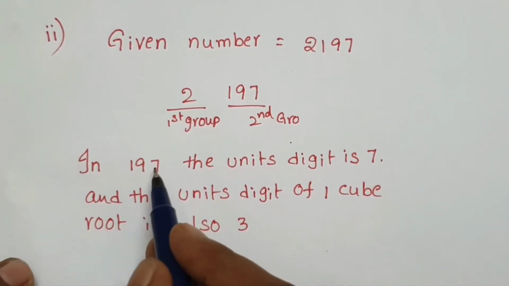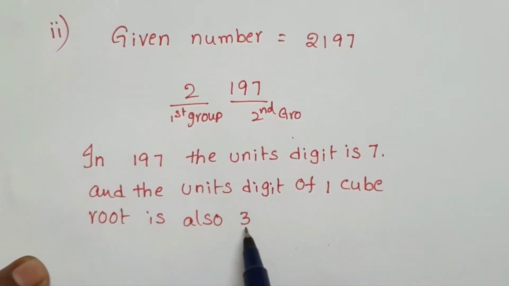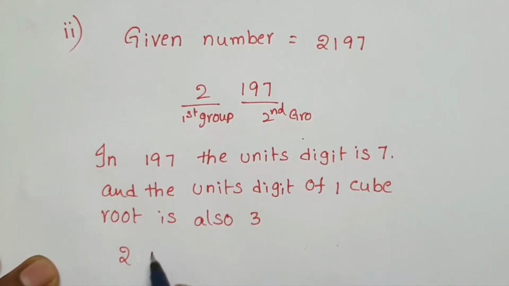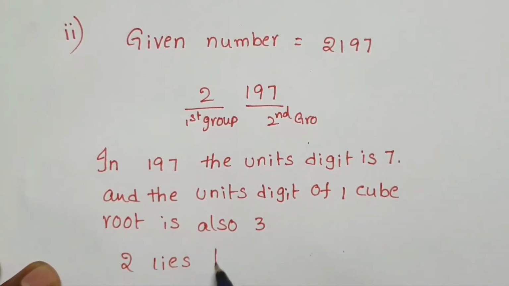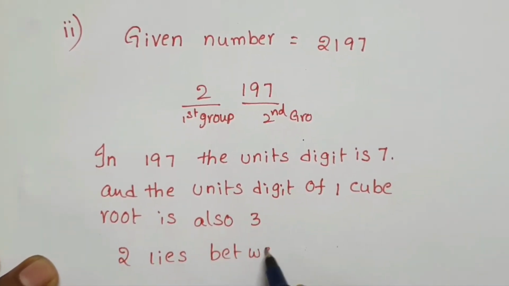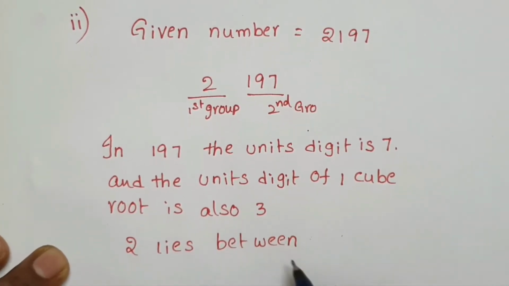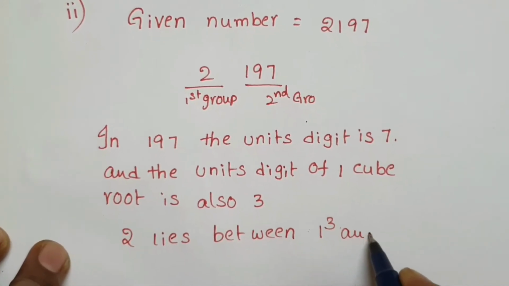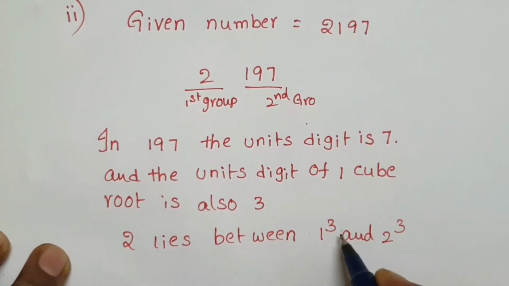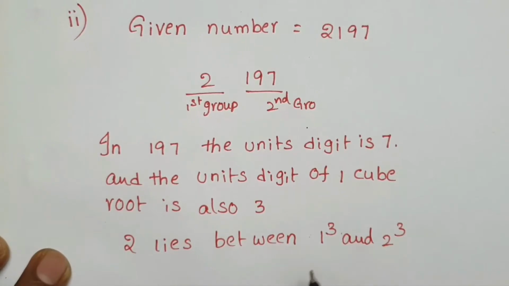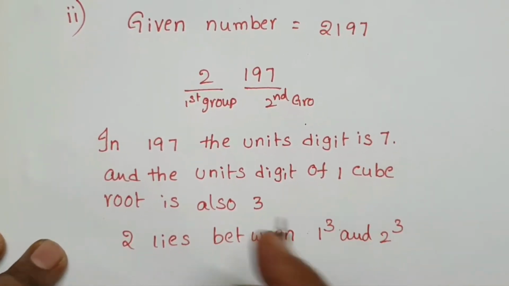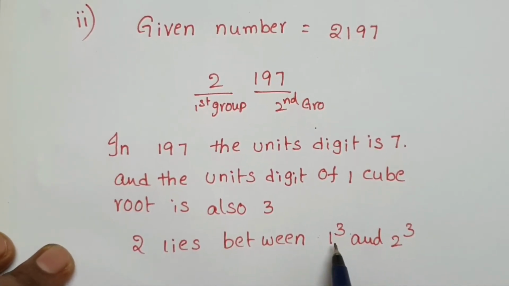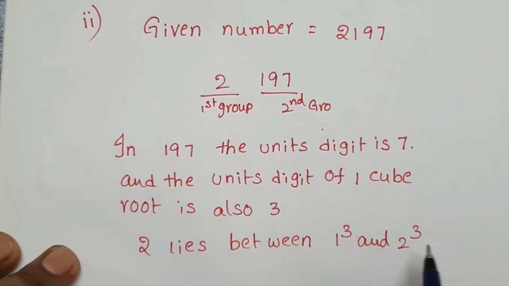Here the units digit of the cube root number is 3. Now the first group, observe, 2 lies between 1 cube and 2 cube, that is between 1 and 8. So that's why 1 cube and 2 cube.